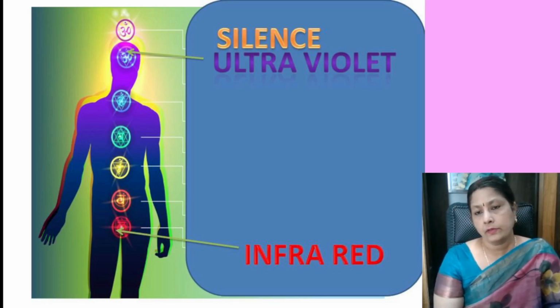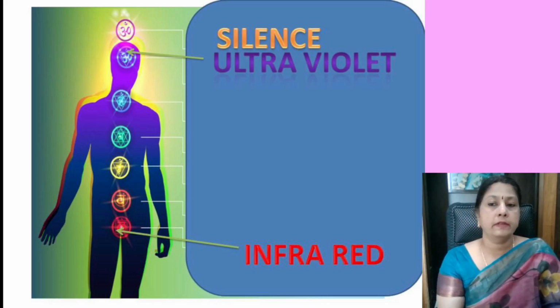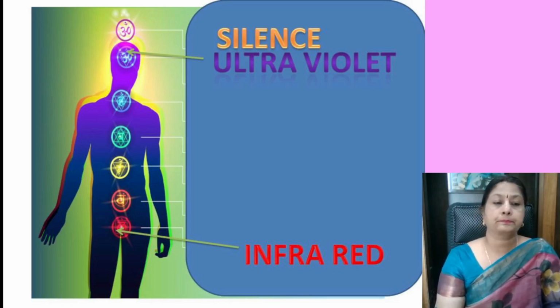Here, once you move beyond the ultraviolet zone and you move into the black void which is there above the ultraviolet zone, you go into deep states of samadhi where you experience the void. The more you spend your time here, the more the impressions, the tendencies which you have, they are removed away from your body, I mean, the subtle body.